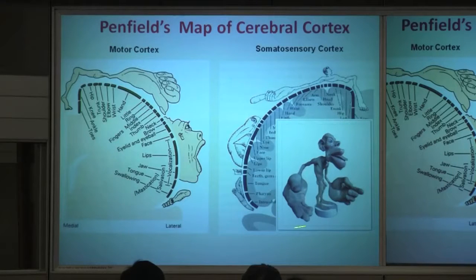If we take the area of the cortex devoted to a particular function in proportion, you would make a figure, and this is what they call a homunculus, a small man within the head controlling our motor system and sensory system, with highly developed hands.